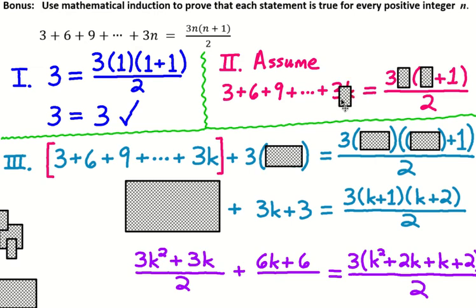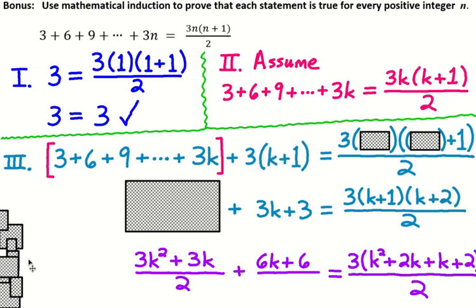Step number 2, we're essentially assuming that the case of n equaling k is true. So you just got to write that out. Just got to write it out, man. And now in step number 3, we're going to show that the case of n equals k plus 1.